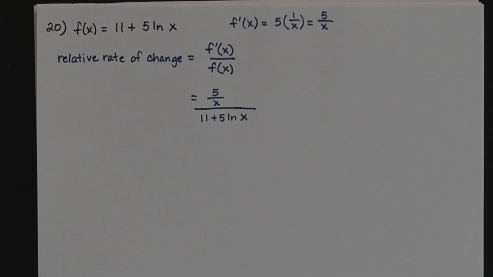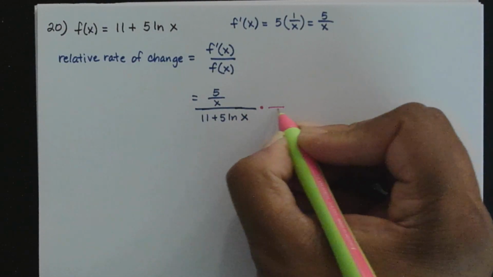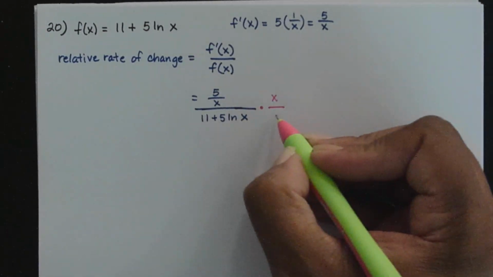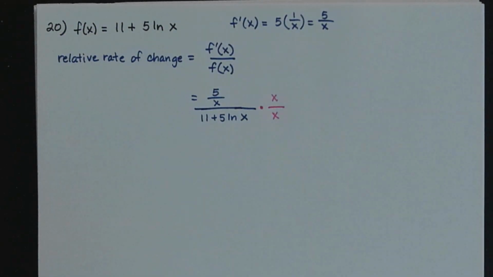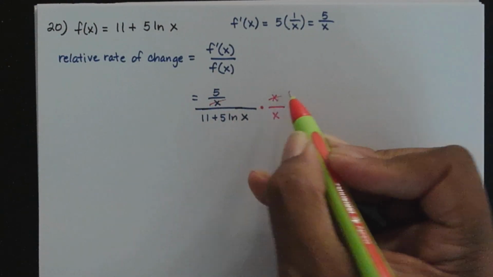Now I need to simplify this a bit. What can I multiply the numerator and the denominator by? By x. That's what I'll do here. When I do that, in the numerator, these x's divide out.